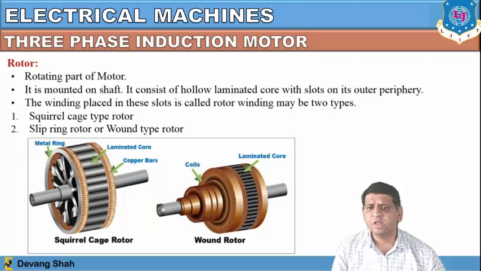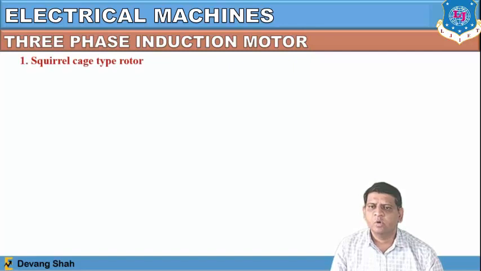So based on this, now we can categorize the three-phase induction motor into two types. One type is called squirrel cage induction motor, and another type we define as a wound type or slip ring type induction motor.